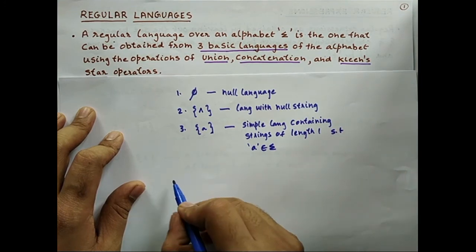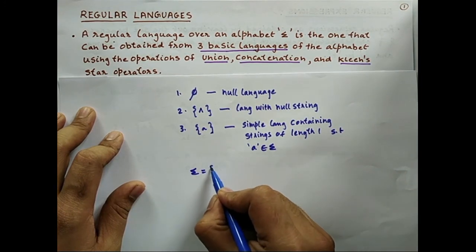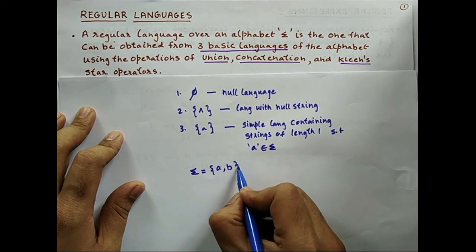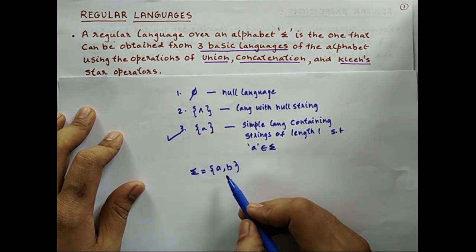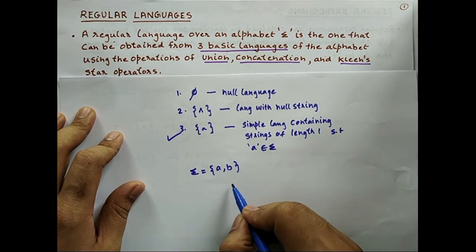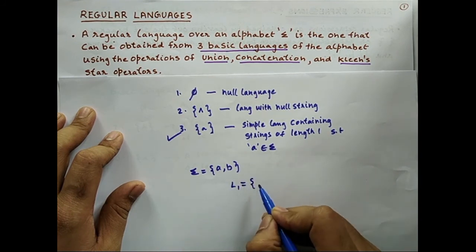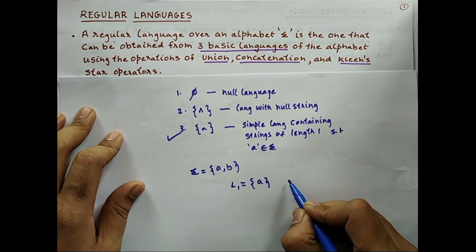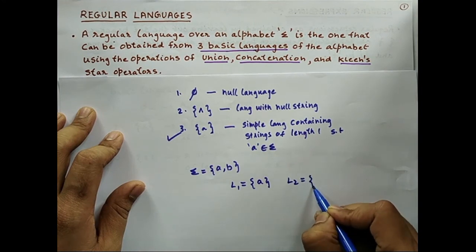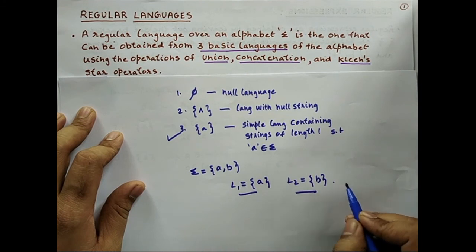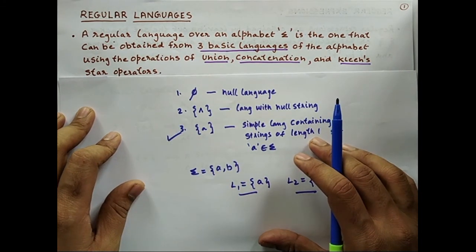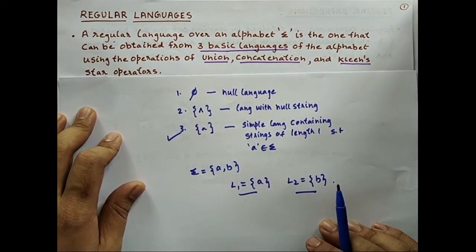Fine. So if the sigma given to us is A comma B, then this language L1 will contain either only A or only B. So these are the basic languages of automata that we know.